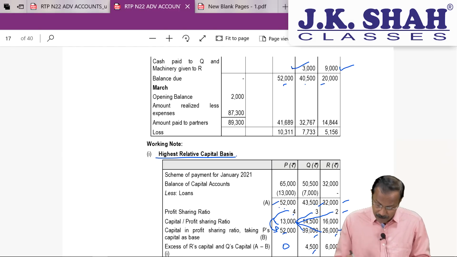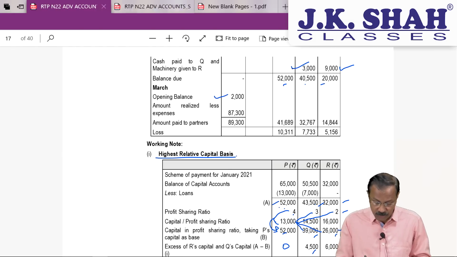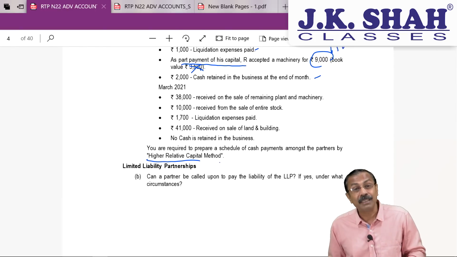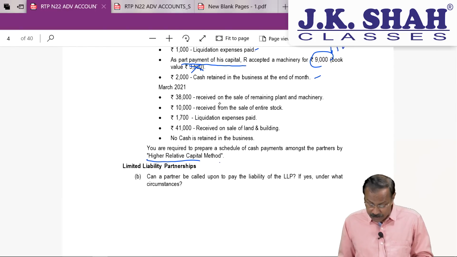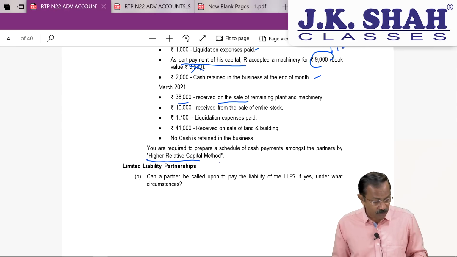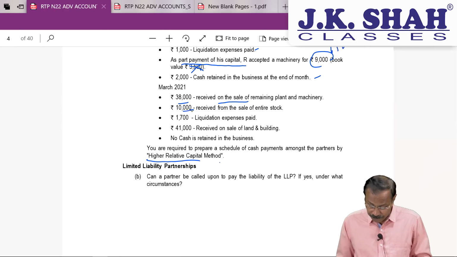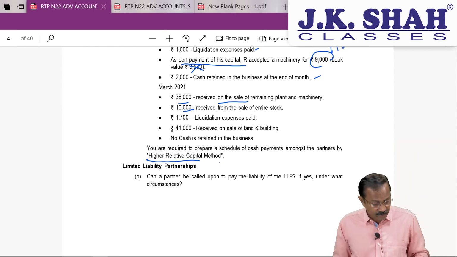Now comes March. Opening balance 2,000. How do we get 87,300? Received on sale of remaining plant is 38,000. So first check on the calculator, 38,000 plus 10,000 received from sale of entire stock. 41,000 is received on sale of building, and minus expenses 1,700.